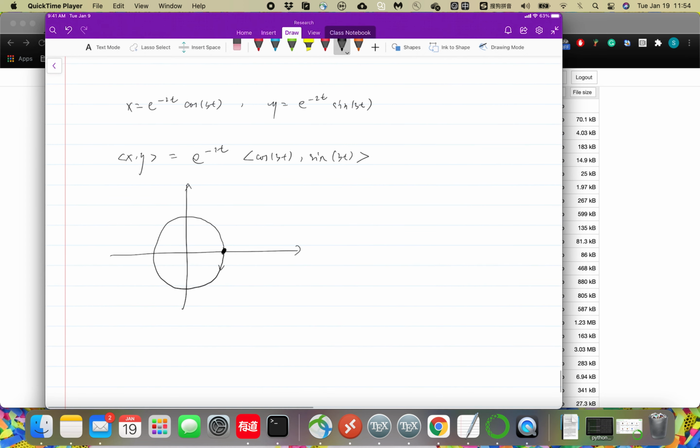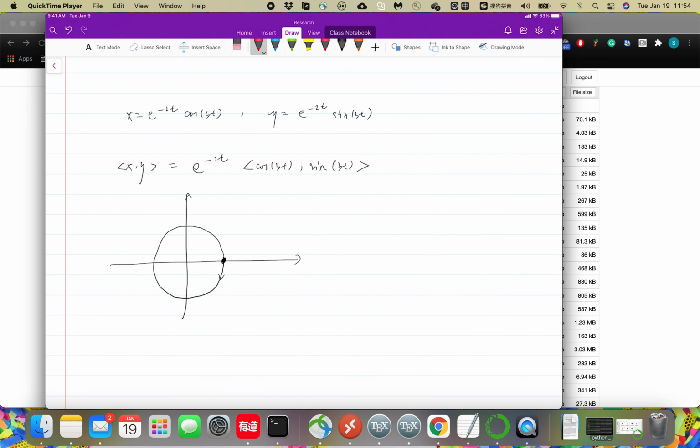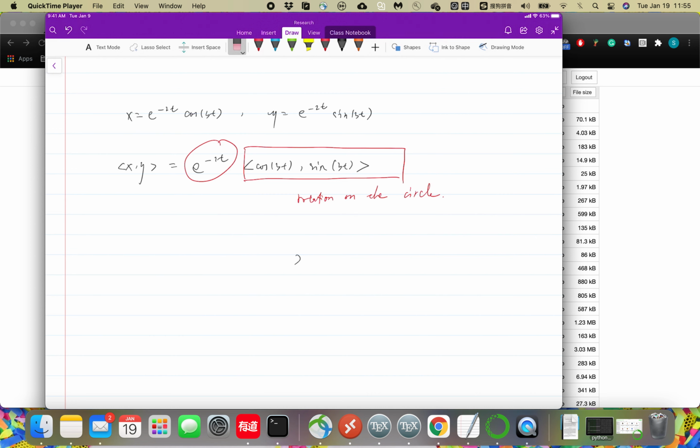Okay, so if that's what you do, what will happen if we add this one? That means as this vector representing the circle keeps rotating this way, the vector also becomes shorter and shorter. Okay, with that in mind, now we can decompose them into two parts. This part gives you a rotation on a circle. You just rotate as a circle. It tells you how fast it rotates. It tells you which direction it rotates. This one tells you how the radius changes as you rotate.